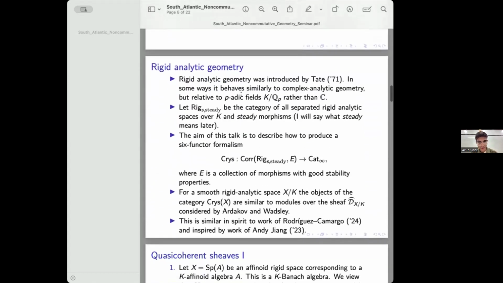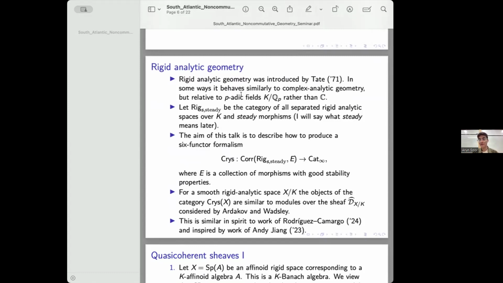The setting of this work is rigid analytic geometry. Rigid analytic geometry was introduced by Tate, and in many ways it behaves very similarly to complex analytic geometry. Complex analytic geometry, or the theory of holomorphic functions, is very rigid as well, so perhaps that's where the name comes from.